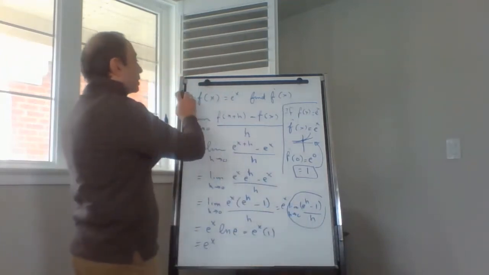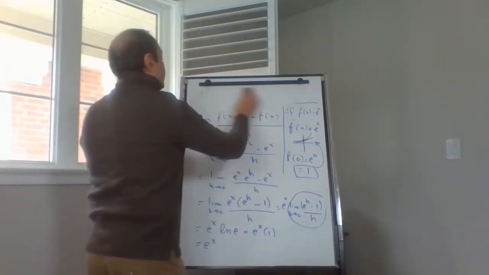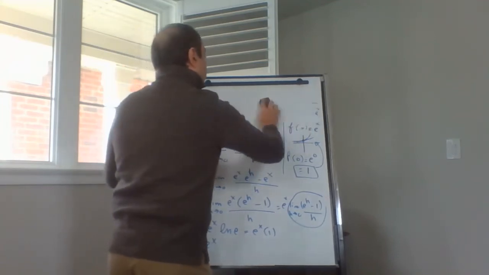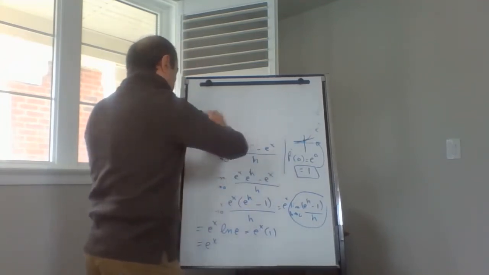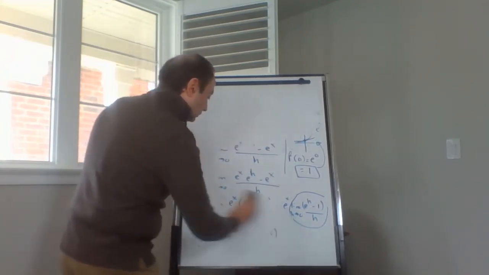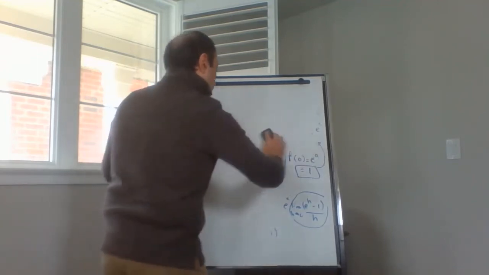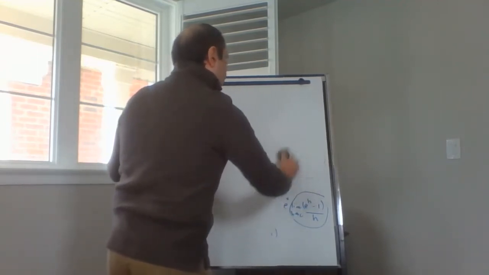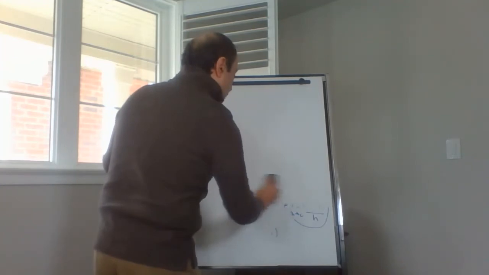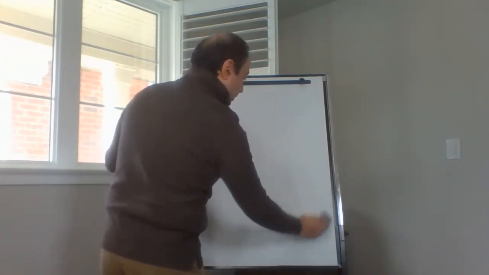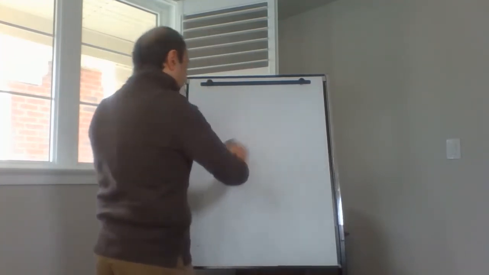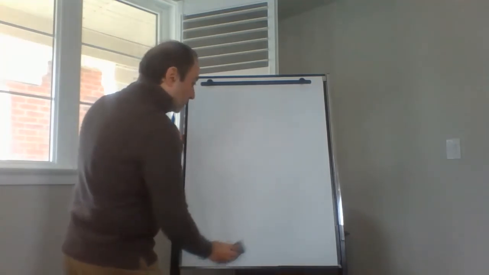Okay? So this is the first rule. And it is derived from the Newton quotient, as I told you, like any other derivative rules. It's the first principle of derivatives.